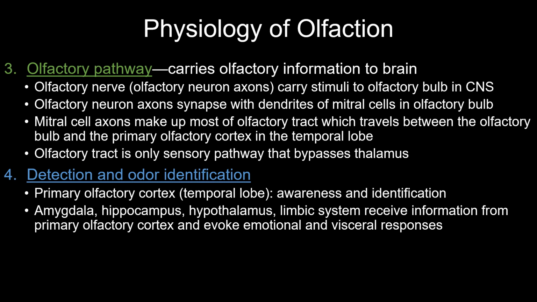Now, the neurons from the olfactory cortex then go out and synapse onto other neurons in the amygdala, the hippocampus, the hypothalamus, and various other parts of the limbic system. And this is why you have such strong emotional responses to odors, as well as visceral reactions like salivation.